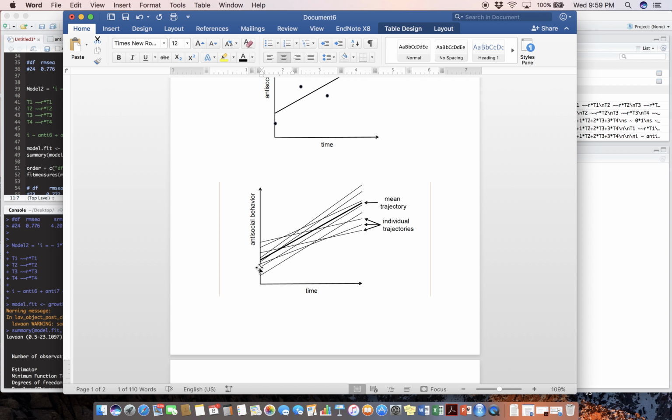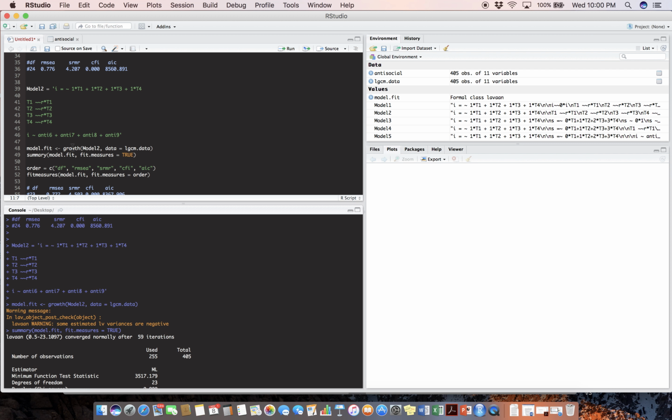But this intercept is random. So in other words, we're asking: is allowing intercepts to vary randomly significantly different than allowing everything to be constrained?